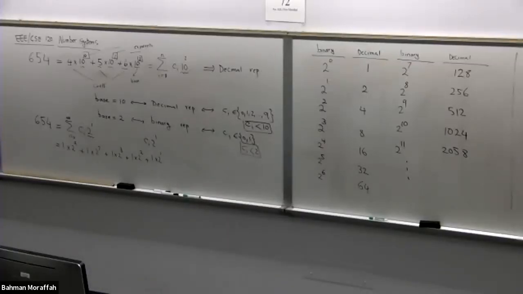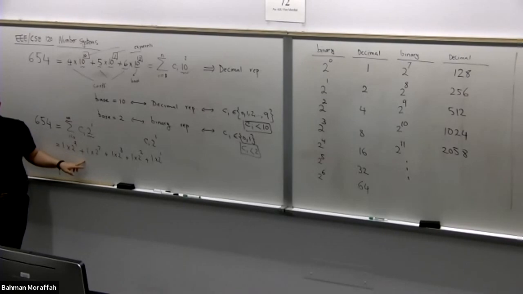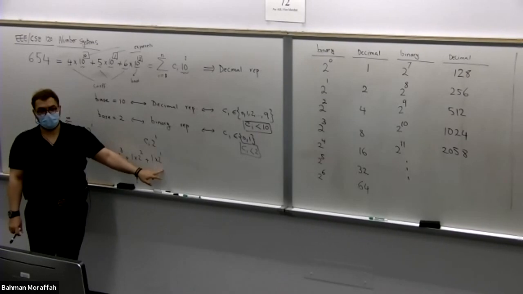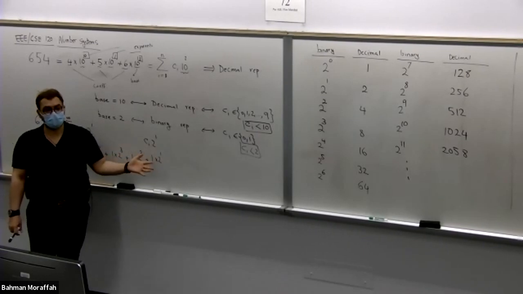So look at this representation. There are some elements missing. I don't have 2 to the power of 8. I don't have 2 to the power of 0. What does that mean? It just means the coefficient is 0.